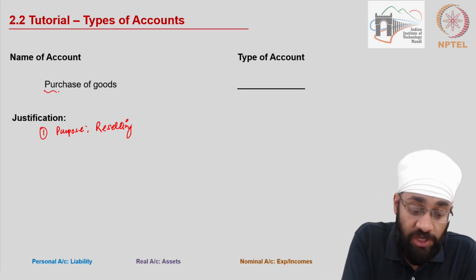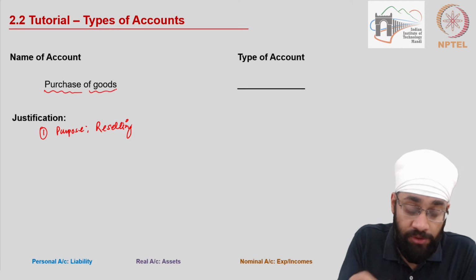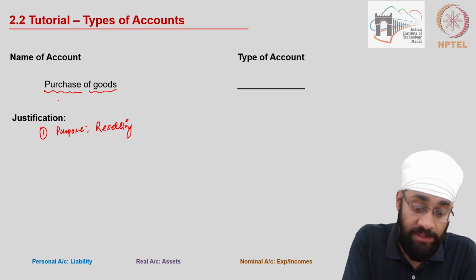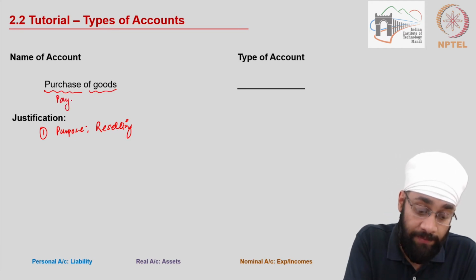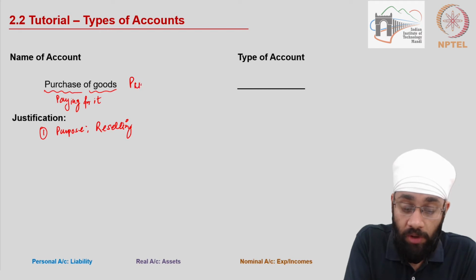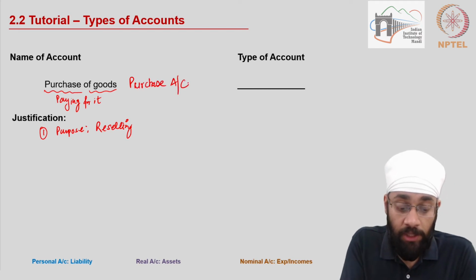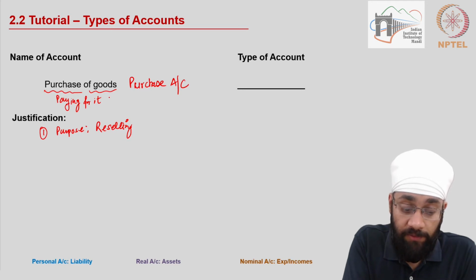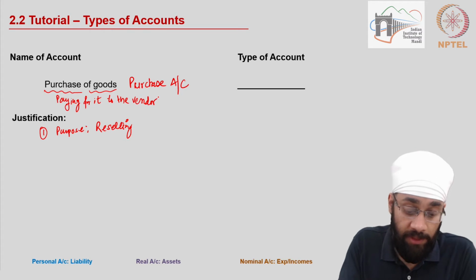Now, when you purchase the goods, what is happening is you are paying for it. So, purchase of goods, the account is called purchase account. Right? You are paying for it to the vendor. All right.